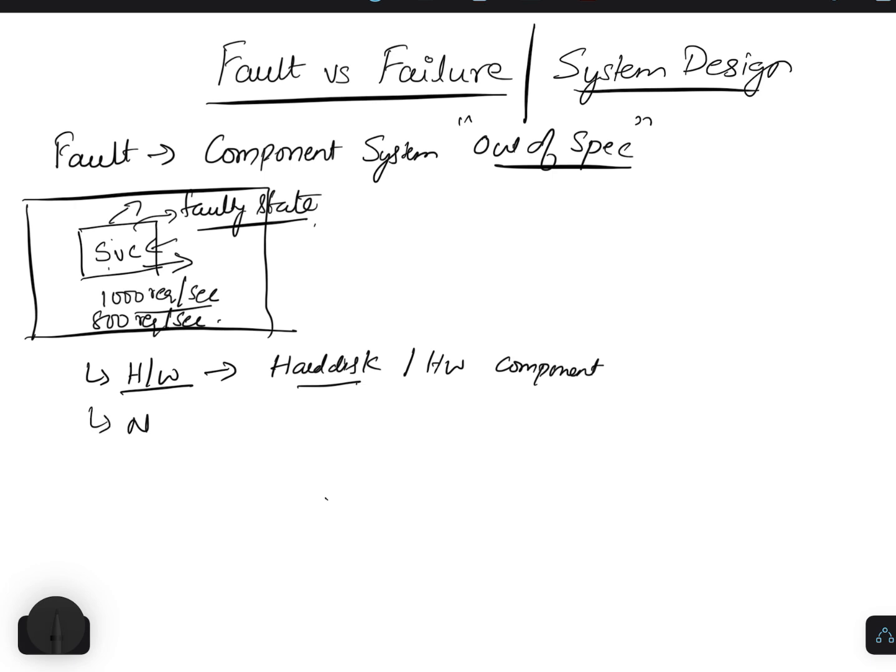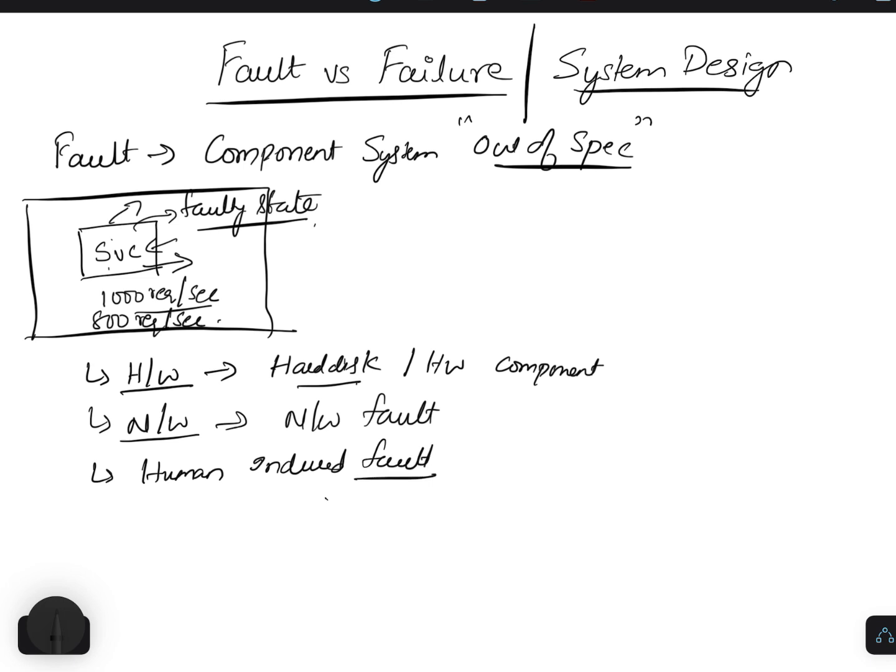There is something called a network fault. For example, some network component fails, or there is a packet drop while communicating from the host machine to a remote machine. Then we can say that there is a network fault. It can also be a human-induced fault, wherein an operator of a system or component has given wrong configuration inputs to it.